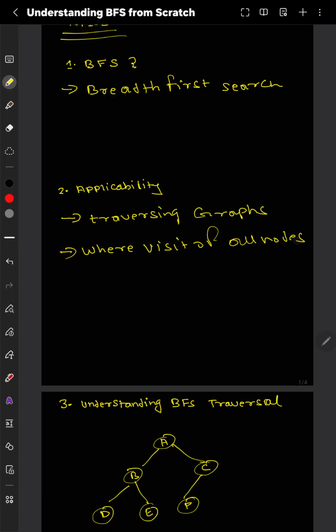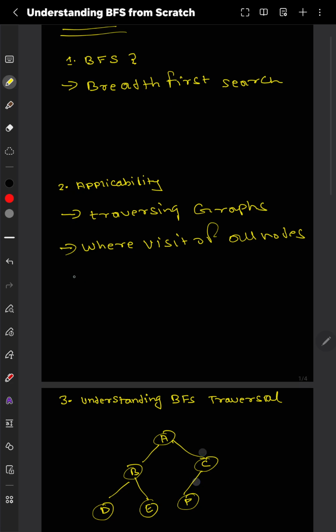For example, if I relate it to testing, if you are writing test cases, you don't want to miss any particular entities or nodes. In that case BFS can be used, and it makes writing test cases easy.